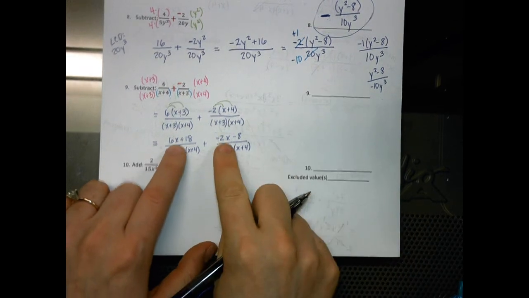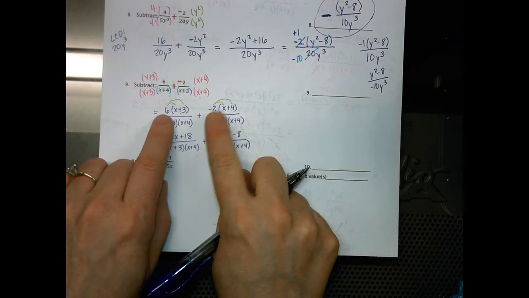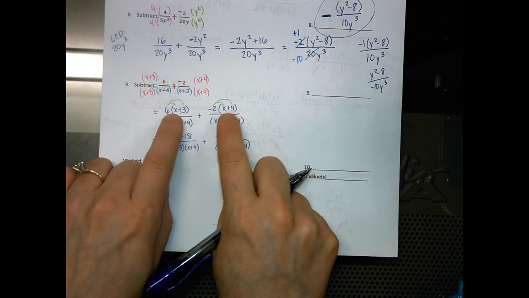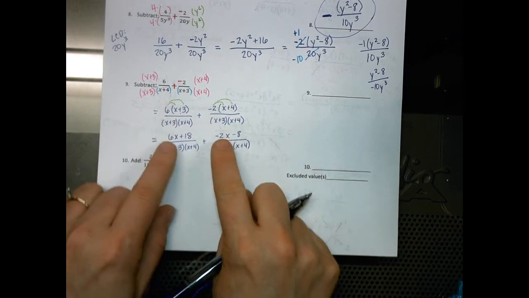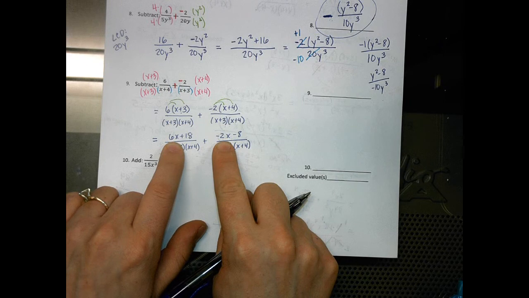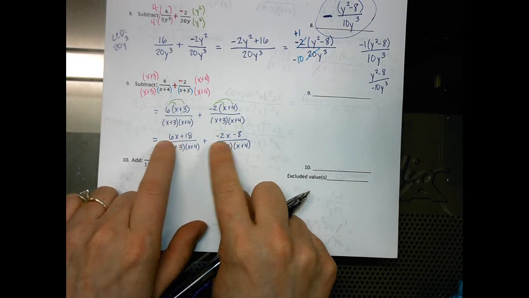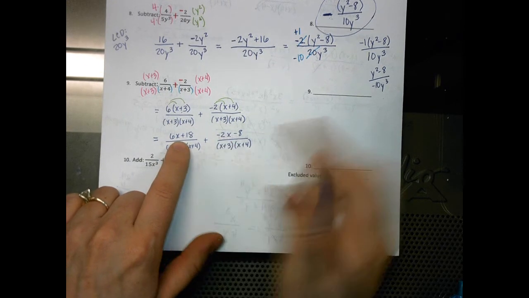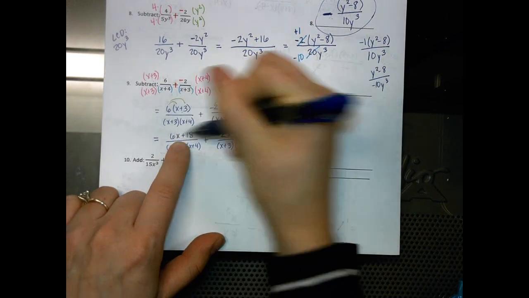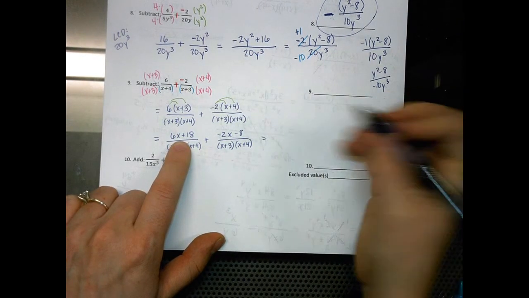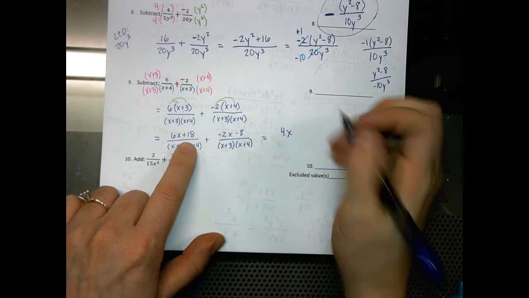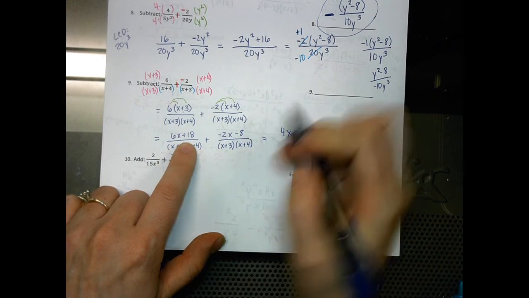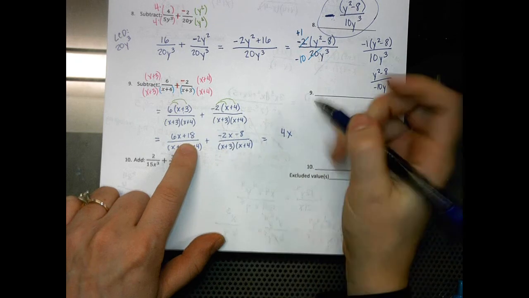These are not like terms because the term they're being multiplied by doesn't match. 6x and negative 2x are both being multiplied by an x, so those are like terms. What is 6x plus negative 2x? 4x. And what is 18 plus negative 8? In other words, what's 18 minus 8? 10.